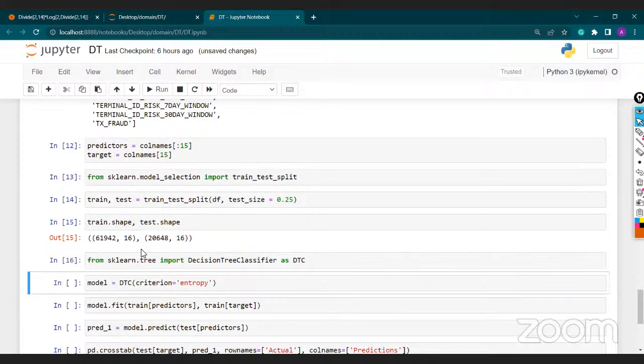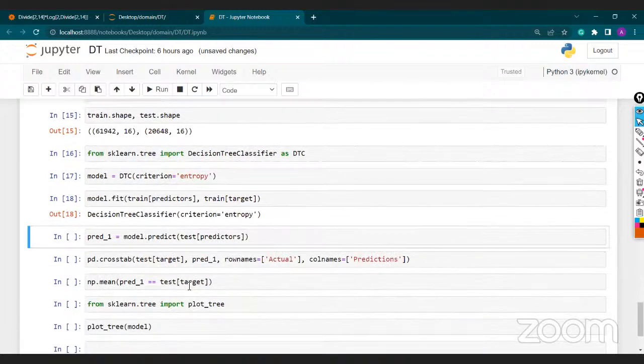So here we have to specify the criteria we are taking, and the criteria we are taking is entropy. So using entropy, build it. We fit our model on test and train.